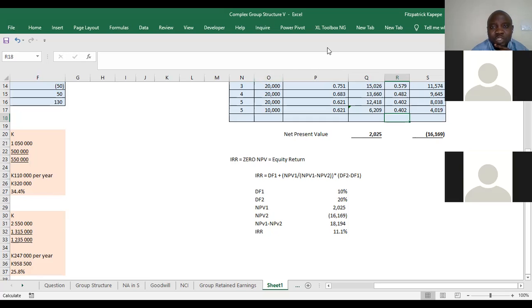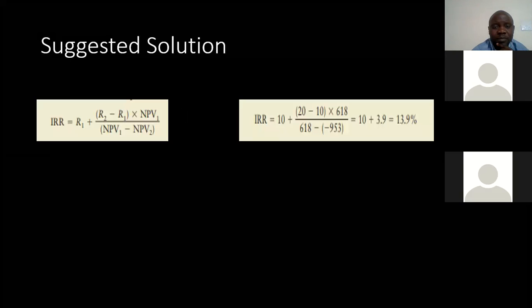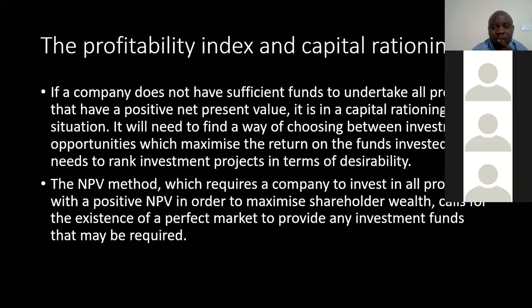So let me go to the presentation. The profitability index. If a company does not have sufficient funds to undertake all projects that have a positive net present value, it is in a capital rationing situation where you have to use your profitability index and pick the ones that make sense.